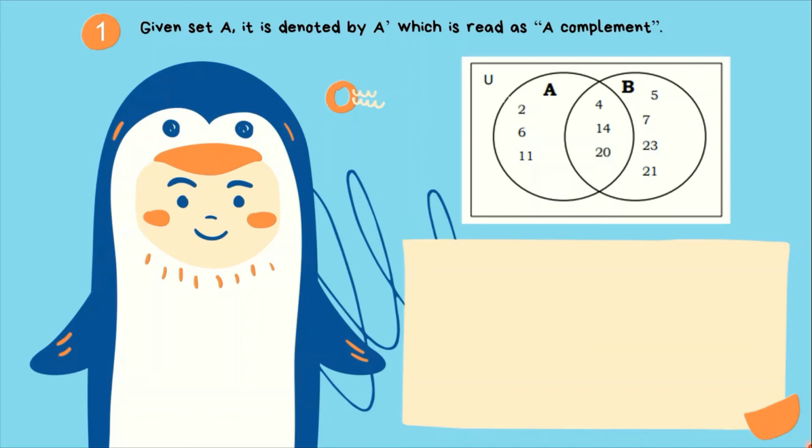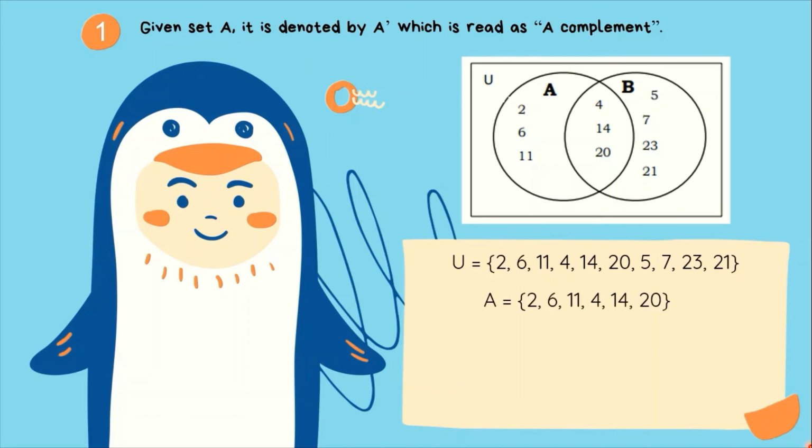Given this same universal set, we have two sets A and B. This is the universal set, meaning ito yung lahat ng numbers na napapaloob kay universal set. We have set A, which has the elements 2, 6, 11, 4, 14, and 20.